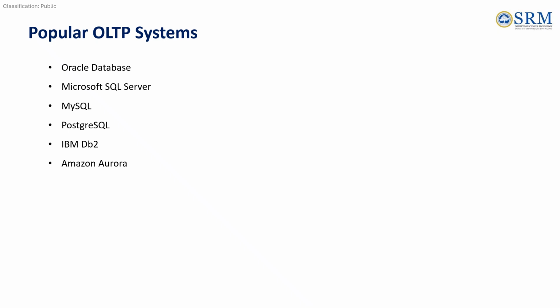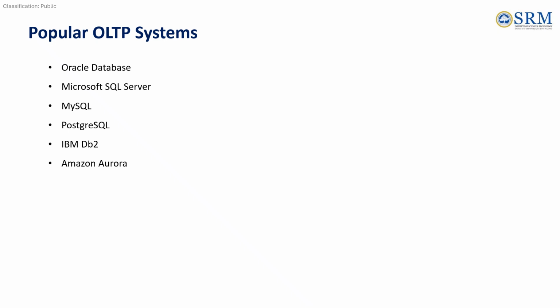MySQL is also widely used, especially in web applications and online services because it is open source, lightweight, and easy to manage. Next is PostgreSQL, known for its strong standards compliance, advanced features, and reliability in handling complex transactional operations. Another enterprise level OLTP system is IBM DB2 developed by IBM, commonly used in banking and large scale enterprise applications.